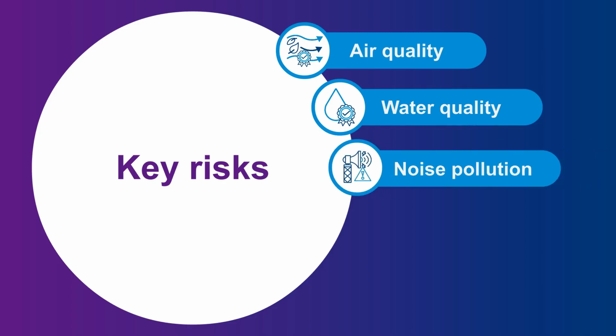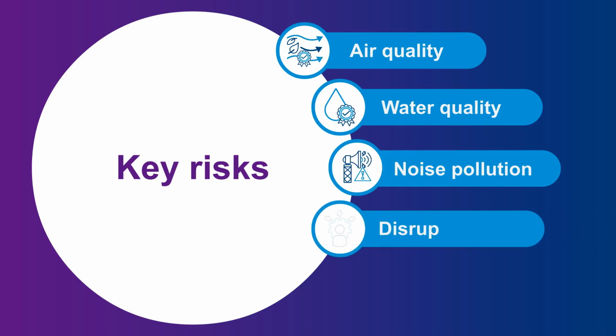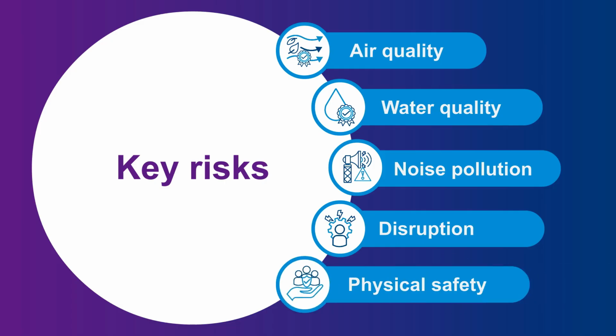Noise pollution, which can cause disruption to patient rest and increase stress and anxiety. Disruption. Changes to routine patient care activity and access. Physical safety. Risks in a work site. Debris, surfaces and materials that could cause injury if left accessible.